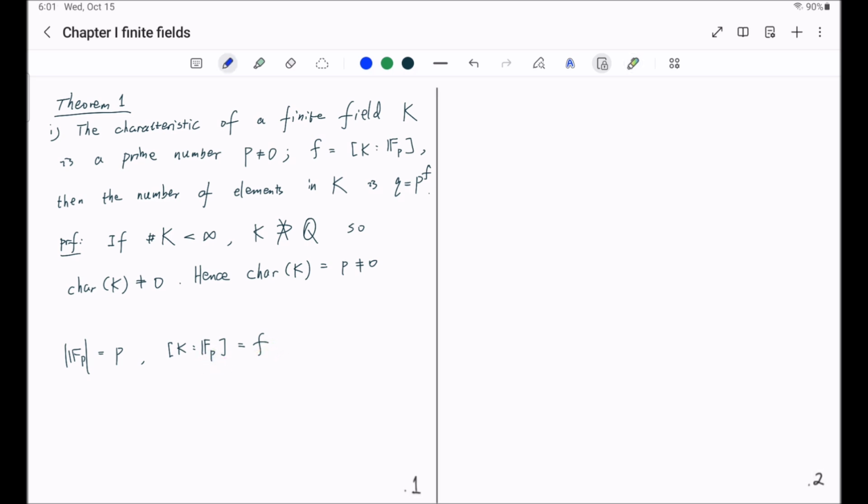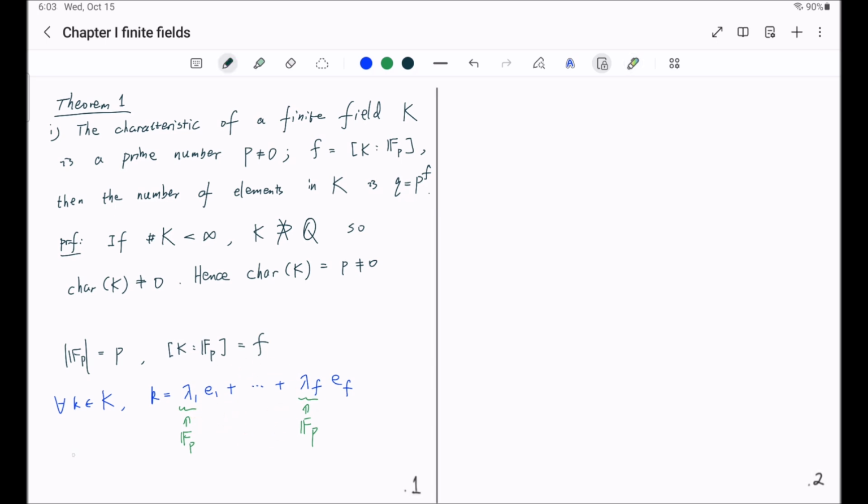And every element in K can be written uniquely as a linear combination with respect to a basis of K over the finite field Fp. And each coefficient comes from Fp. So in total, there will be p to the f many combinations.